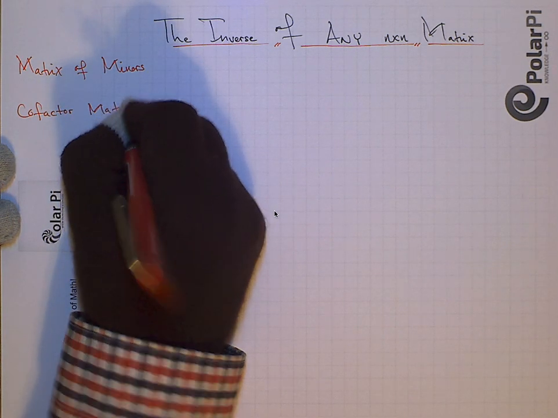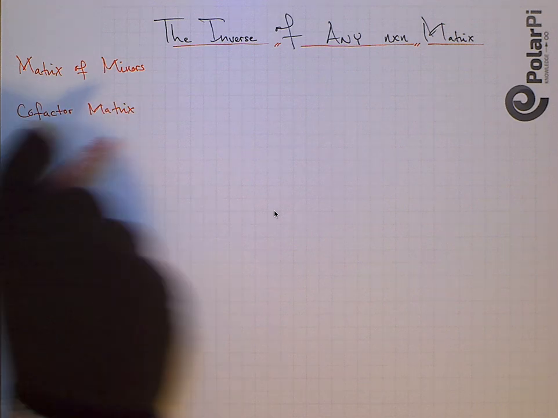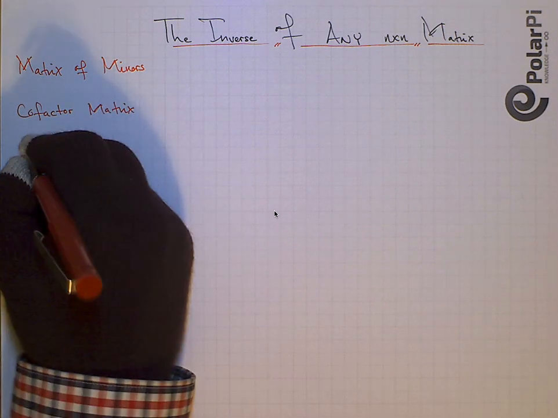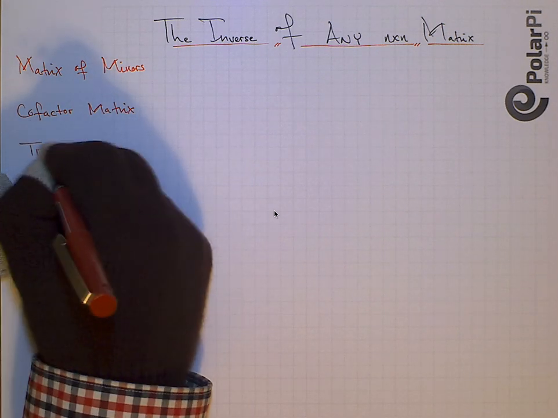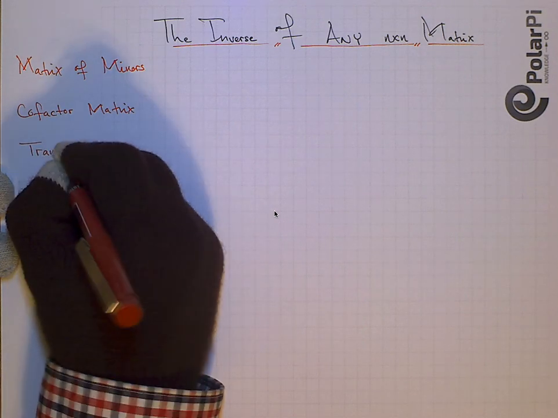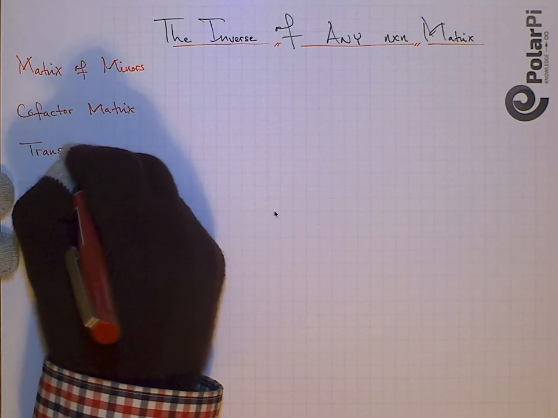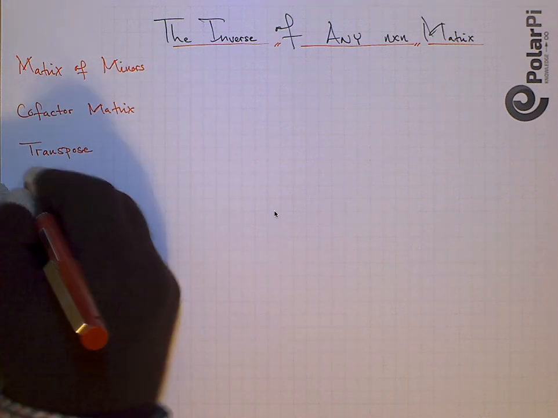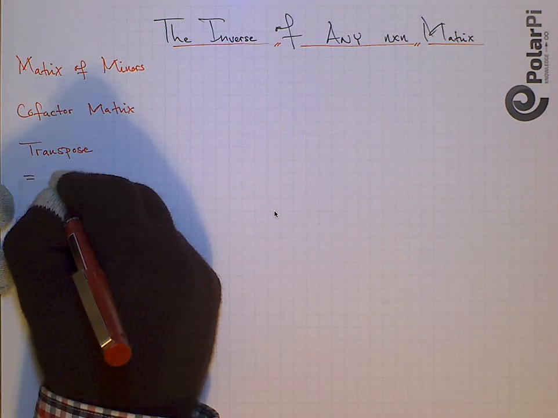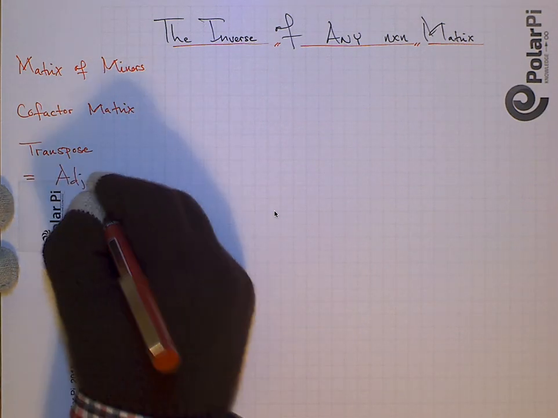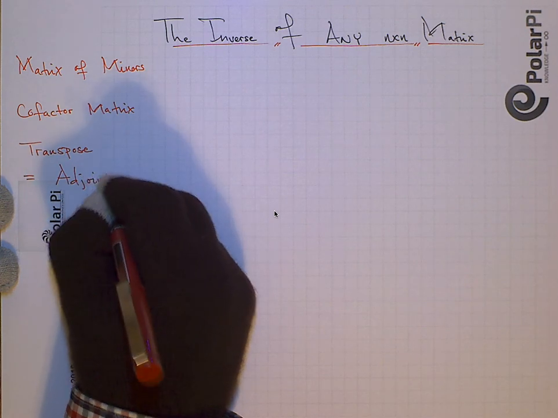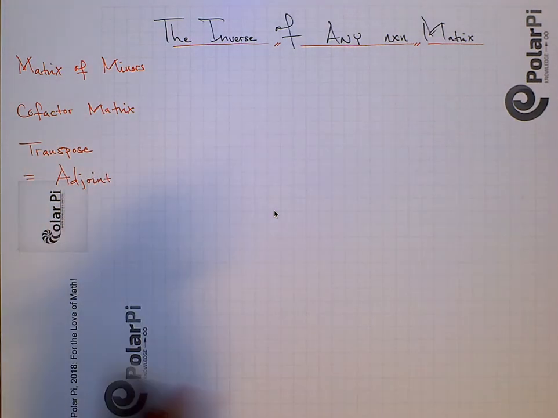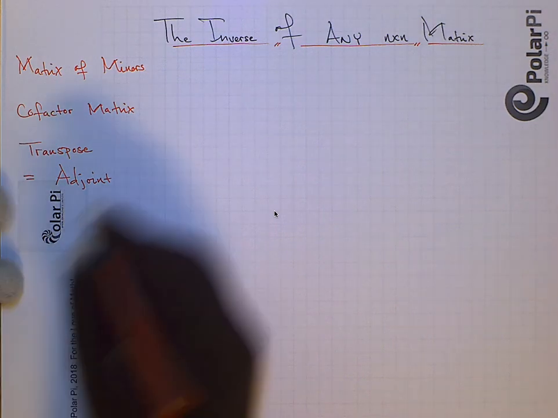And then from there, you need to take the transpose of the cofactor matrix. And then after you've done all this, you get what's called the adjoint of the matrix that you are working with. And so the adjoint matrix.